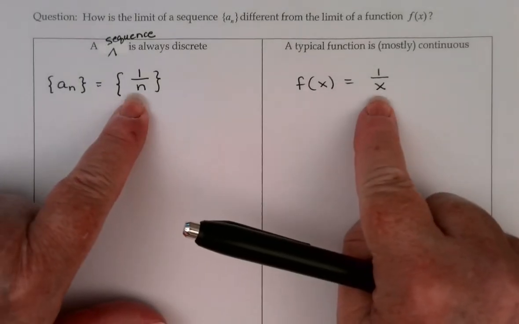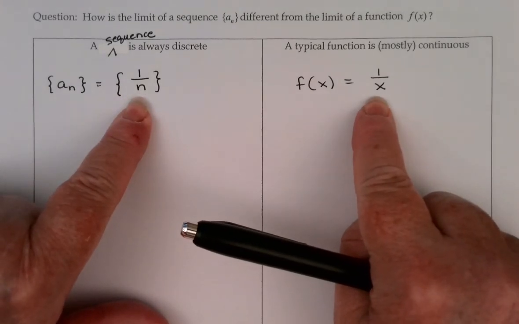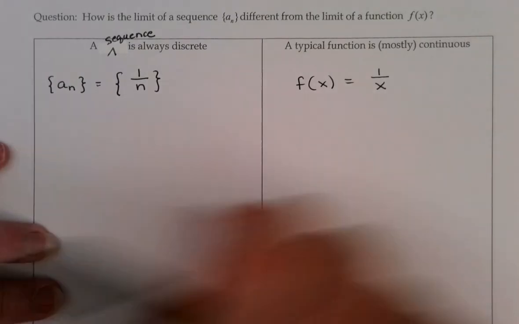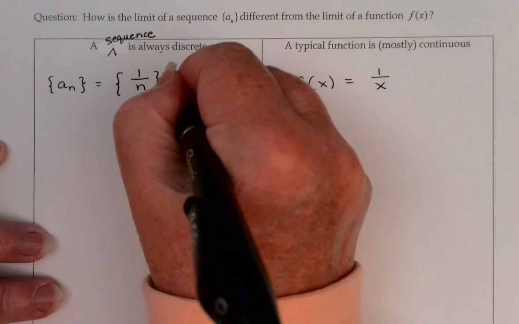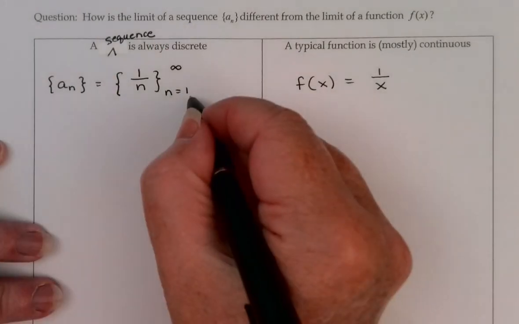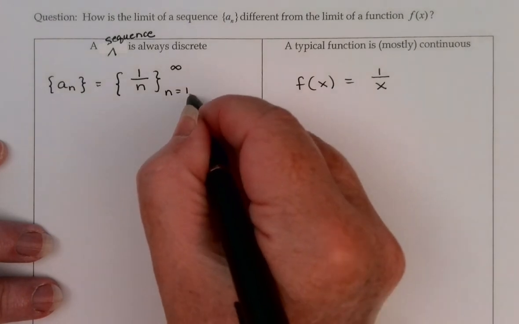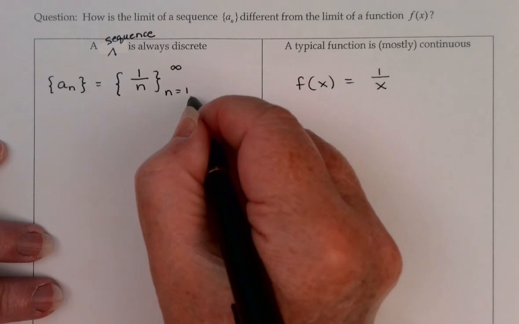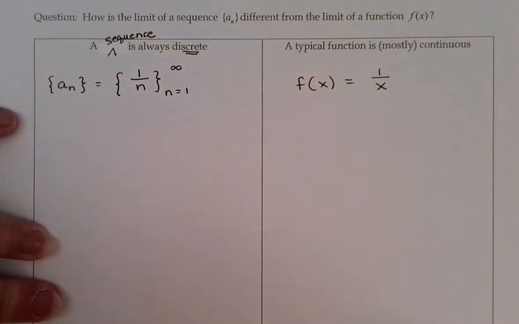What's the difference between this one and this one, other than just the letter n versus the letter x? Well, the difference is, in a sequence, remember, we're thinking of n as going from, say, 1 to infinity, but it doesn't go through all of the fraction and decimal values. N is never 1/2 or 2 1/4 or 5.7. N becomes 1, and then 2, and then 3, and so on. So it's discrete. We only hit certain values of n.